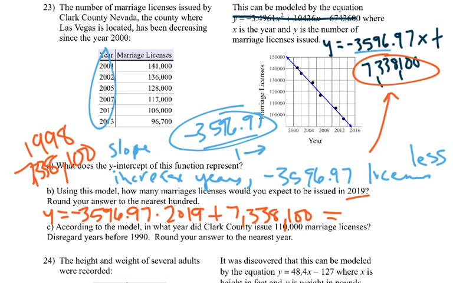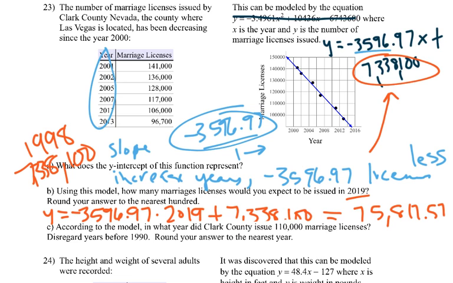So negative 3,596.97 times 2019 plus 7,338,100. And we get 75,817.57. So that's how many marriage licenses we can assume are going to be taken out in basically Las Vegas.